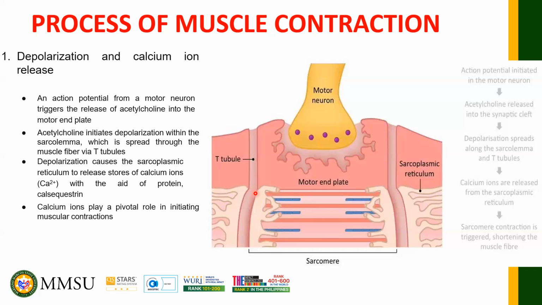Okay? So yung depolarization now ng sarcolemma, it will trigger the opening now of the calcium ion release channels in the sarcoplasmic reticulum membrane. So yung opening na to, it will allow for the release of the stored calcium from the lumen part into the cytoplasm of the muscle fiber with the aid, of course, of the protein calsequestrin.